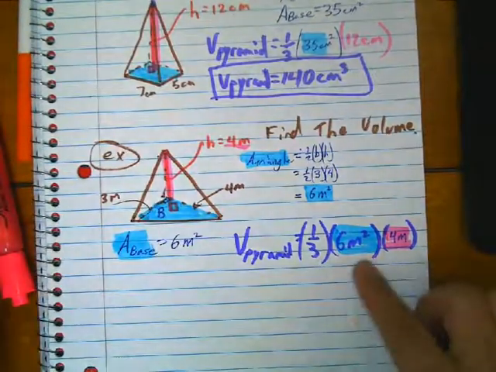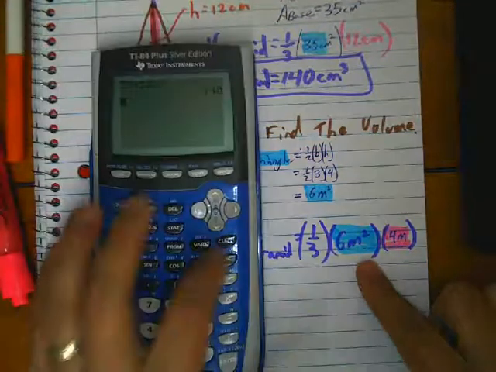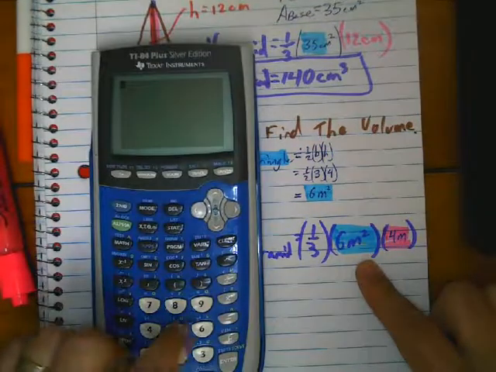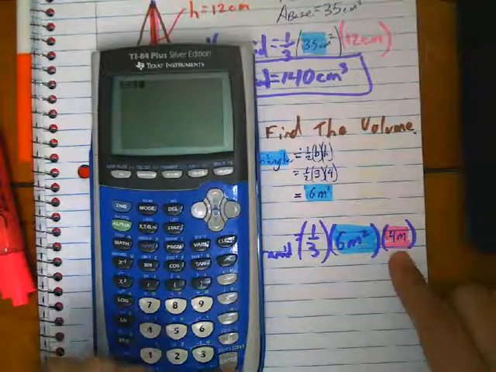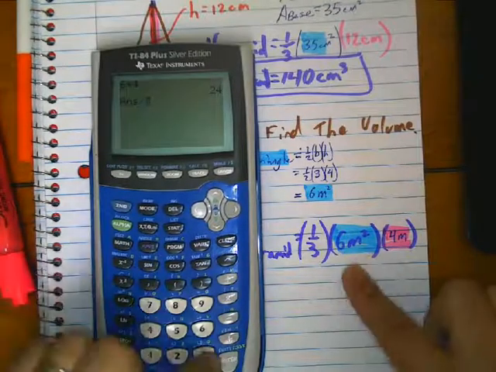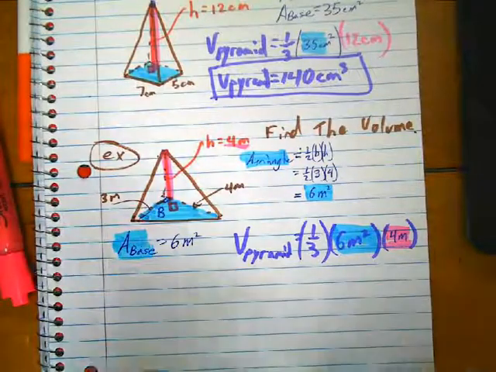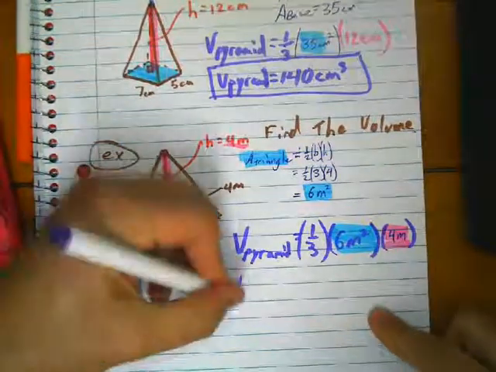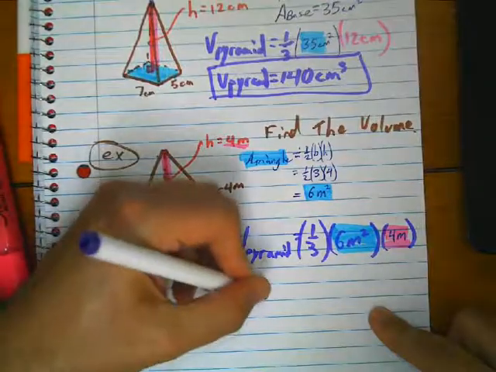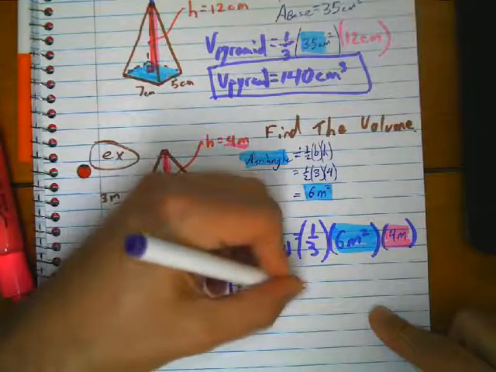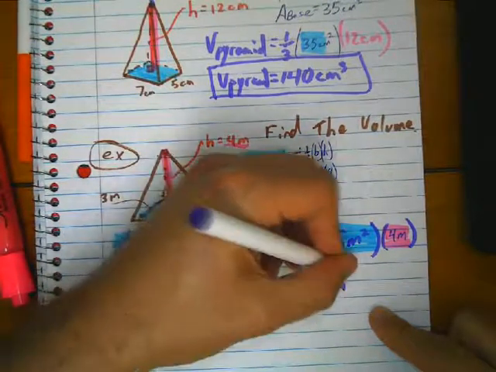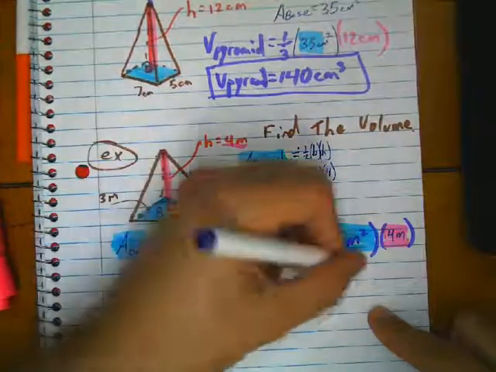So let's find this answer. 6 times 4 is 24, divided by 3, and I get 8. So the volume of the pyramid equals 8 meters cubed. And there you have it.